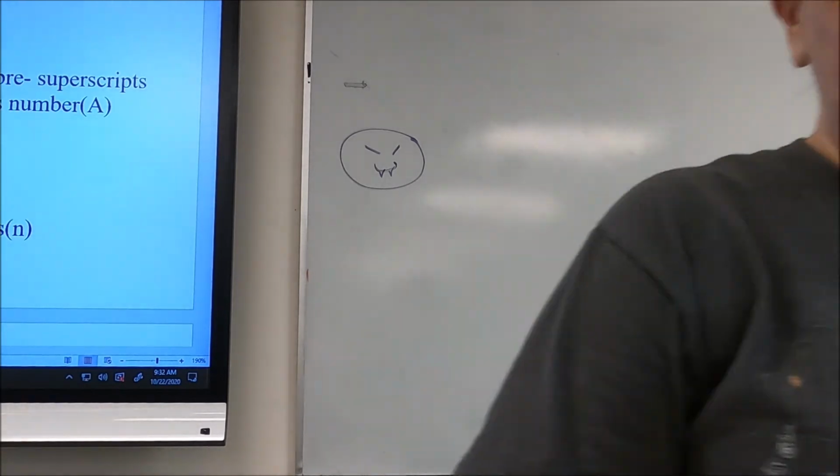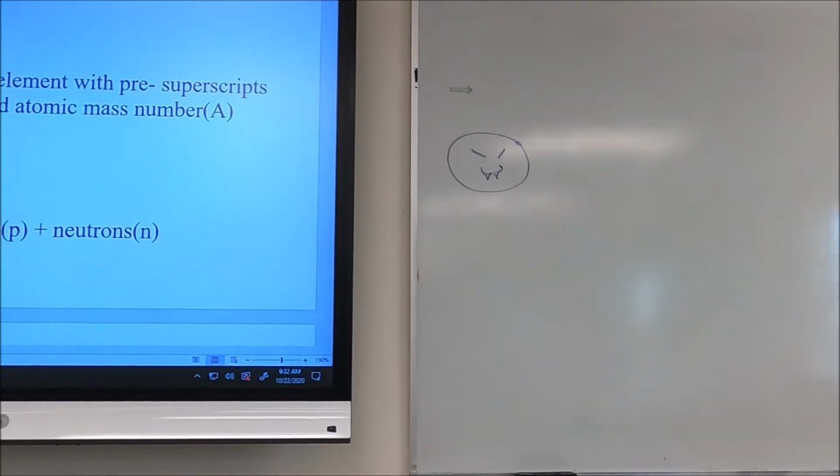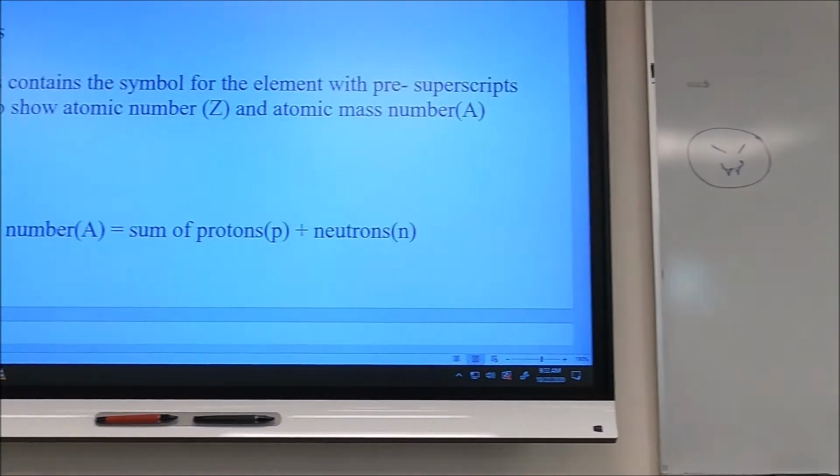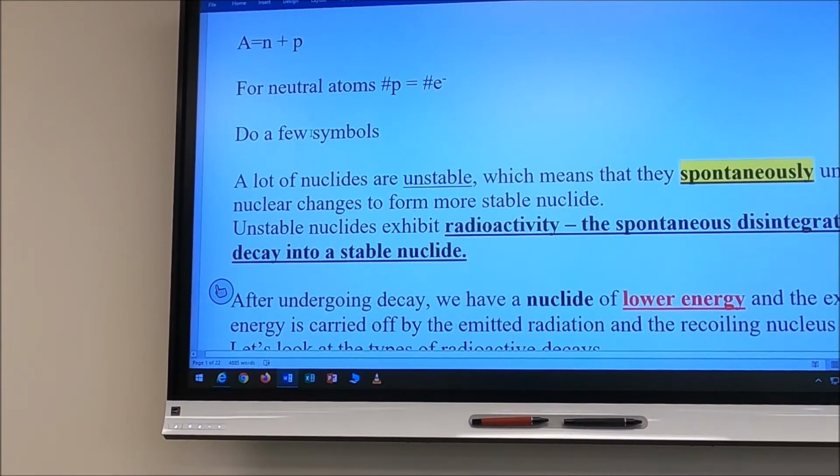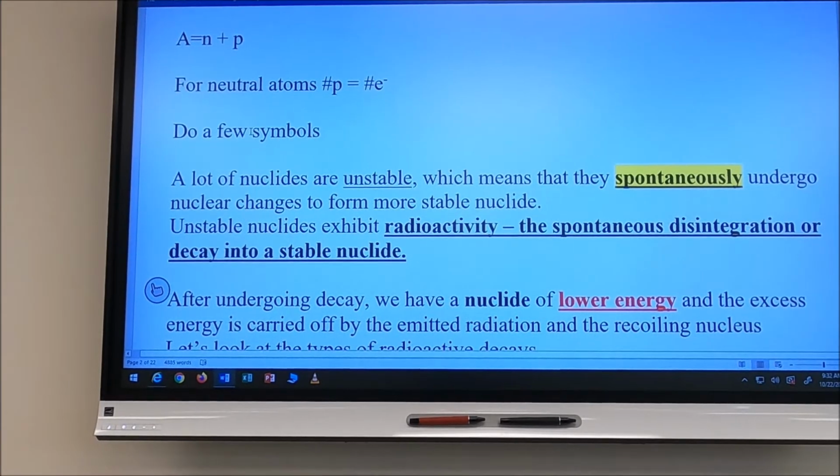Now, let's travel back. In a neutral atom, the number of protons equals the number of electrons. A lot of nuclides are unstable, which means that they spontaneously undergo a nuclear change to form a more stable nuclide. Unstable nuclides then exhibit radioactivity.